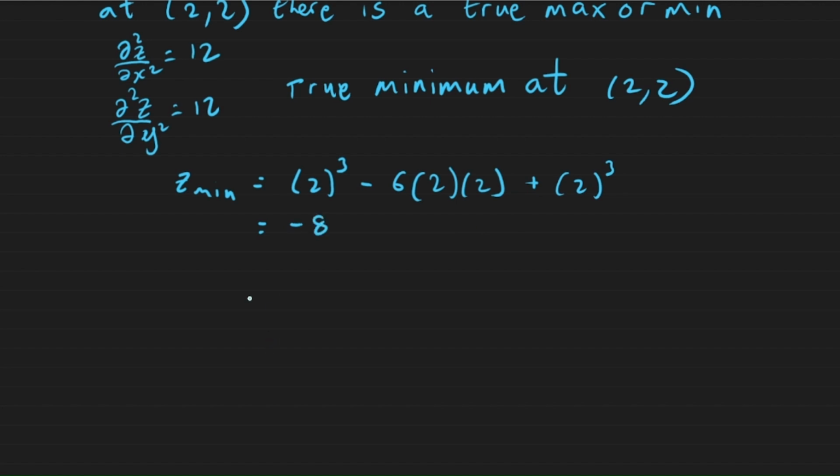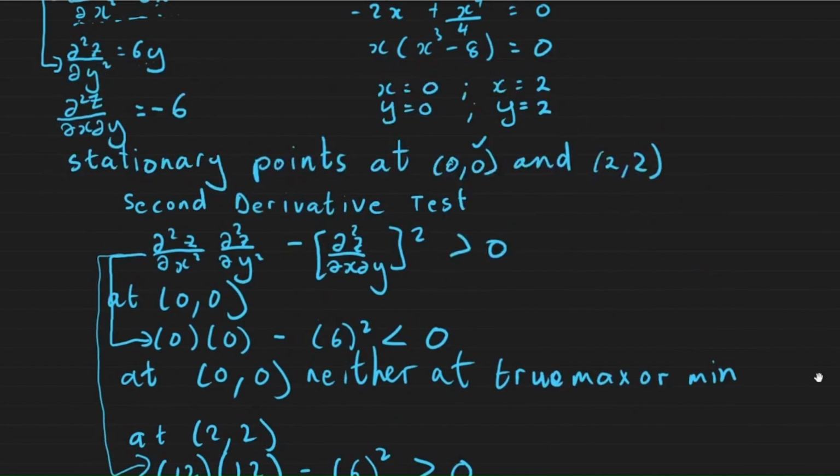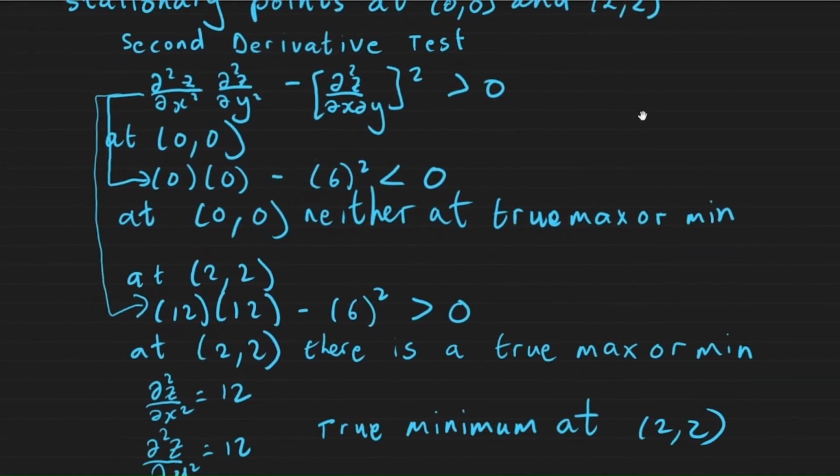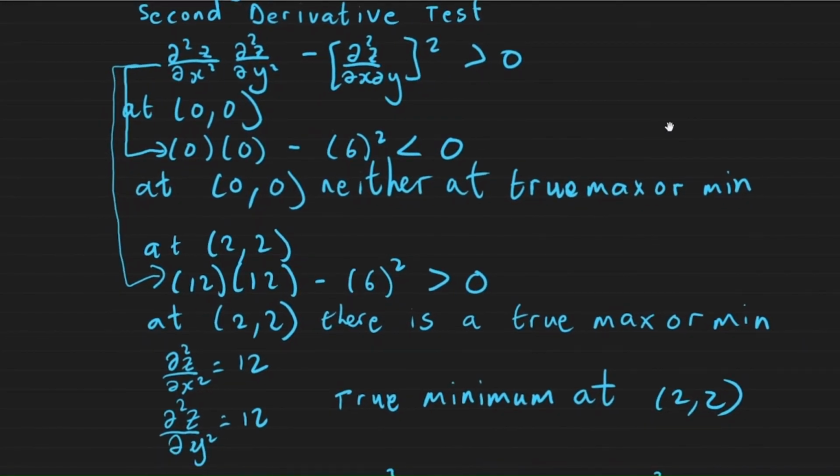So in a nutshell, the procedure is as follows. The first step is to determine the stationary points, and we get the stationary points by finding the first derivatives and setting them equal to 0, solving for x and y. And thereafter, we apply the second derivative test to establish if we have true maximums or minimums, or whether we have local maximums or minimums.